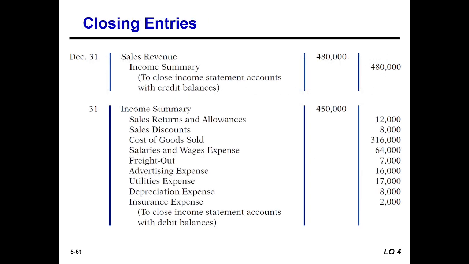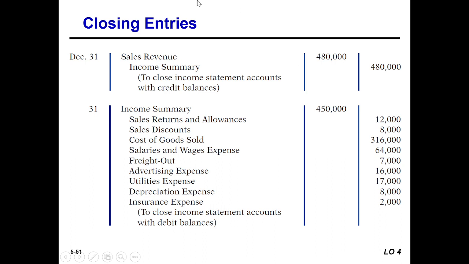Now closing entries, as an example. When we close the entries, the sales revenue will be debited and all expenses will be credited. Actually, sales revenue is always credit and all expenses are always debit.